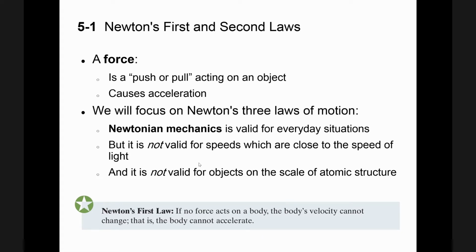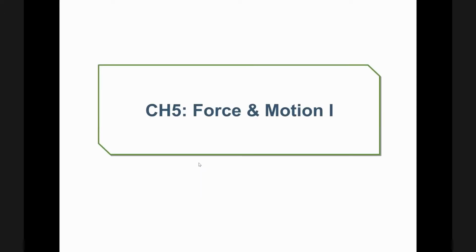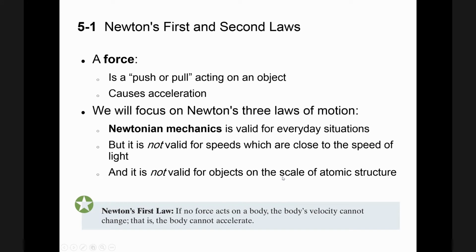Now, since we study forces and Newtonian mechanics, we need to study what's called Newton's laws. The first is called Newton's first law. So what is Newton's first law? Now imagine with me there is an object standing still on a table. If this object is standing still, I can immediately say it has no acceleration.